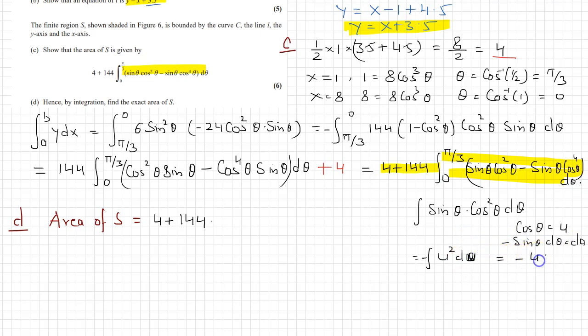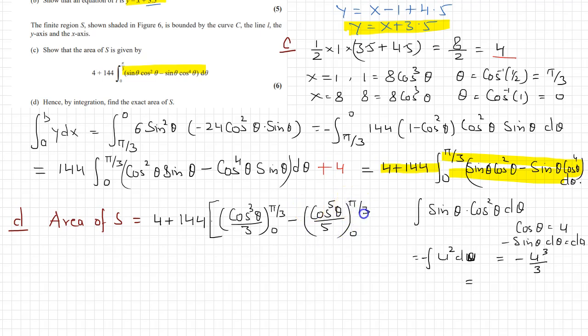So that is equal to minus u to the power 3 over 3. u is cos theta, so cos cube theta over 3, from 0 to pi over 3, minus the same, as this is cos 4, so it will be cos power 5 theta over 5, 0 to pi over 3.